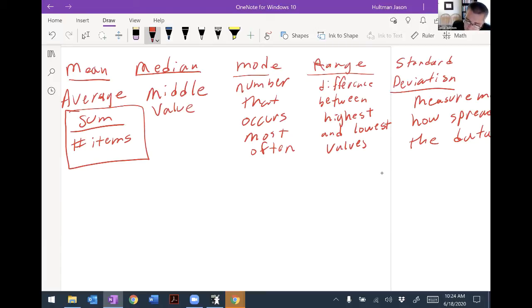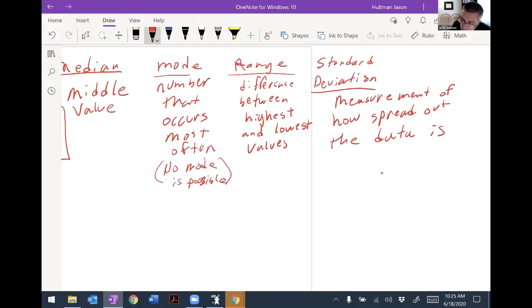The mode is the number that occurs most often, and sometimes no mode is possible. The range is the difference between the highest and lowest values. And the standard deviation is a measurement of how spread out the data is. Is it really spread out or is it really close together?